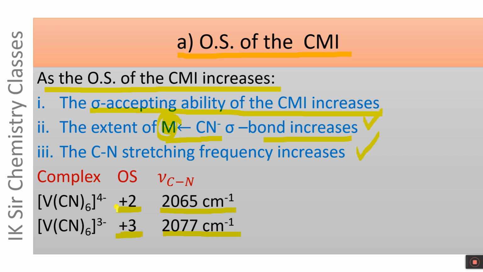The oxidation state of the CMI has increased from +2 to +3, so its sigma accepting ability increases. The extent of CN⁻ to metal sigma bonding increases and the CN stretching frequency also increases. This value is greater than that in the complex with oxidation state +2.